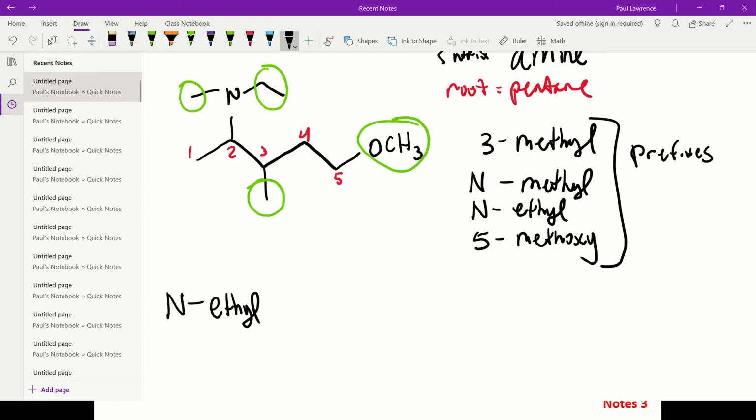Let's see here. What's next? So ethyl's done. So we have 3 left. So we have to do a dash. So how do we break this tie? We have 3 M's. We just keep going.